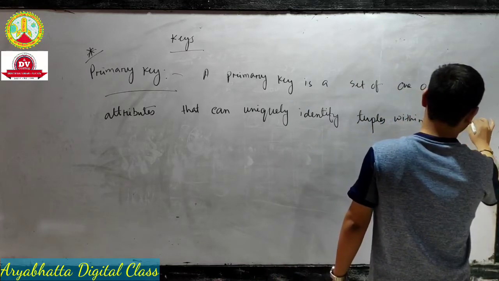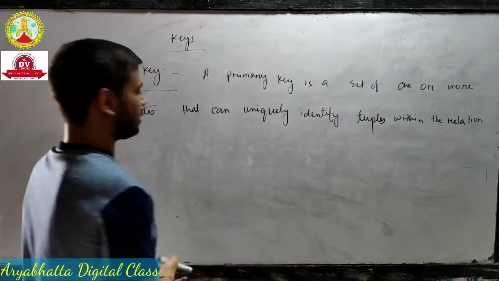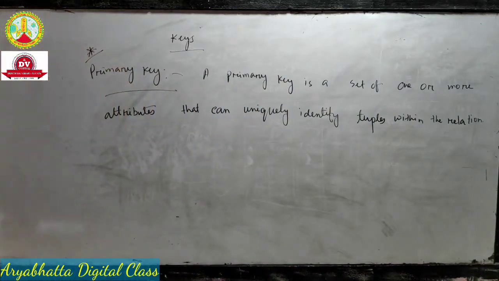So the definition is: a primary key is a set of one or more attributes.